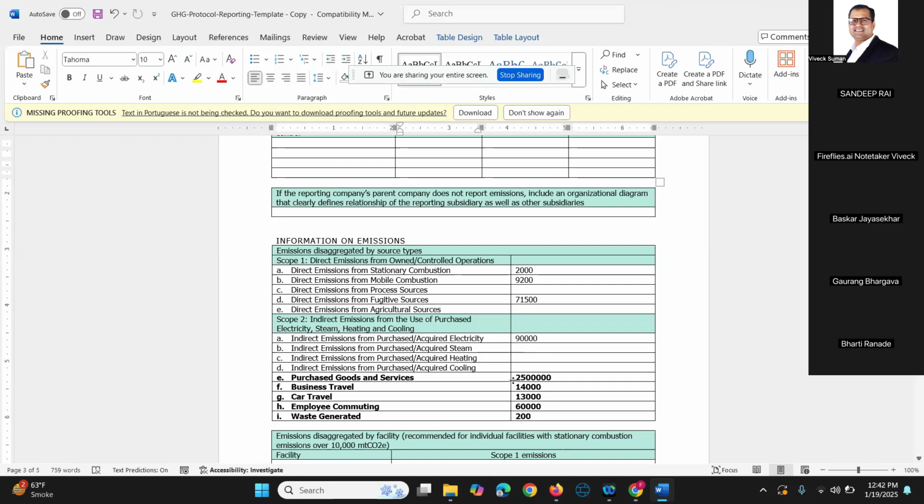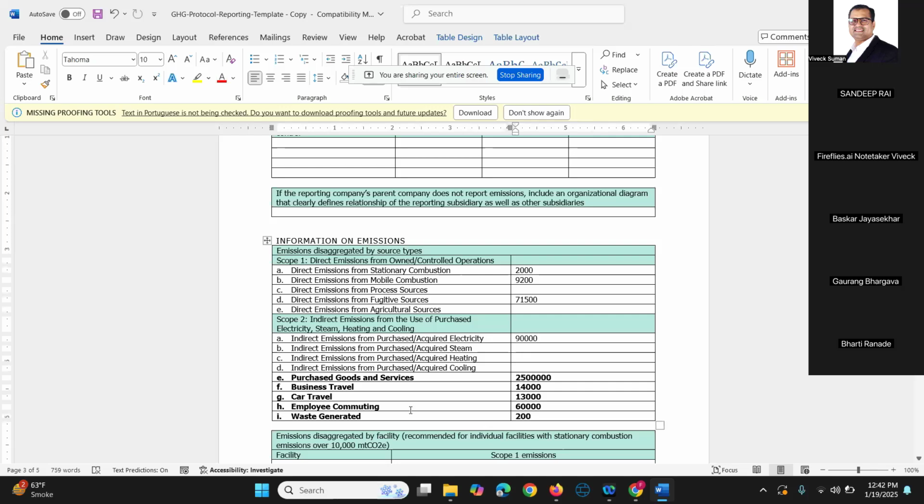Yes. Okay, so sir, as per the template that was shared by you, scope one is here: stationary combustion 2000, mobile combustion 9200, and from fugitive sources it's 71,500. In scope two, there was just one activity, for which 90,000 was the calculation.